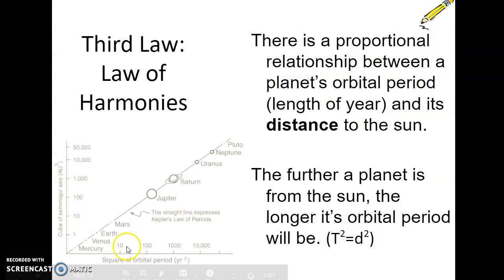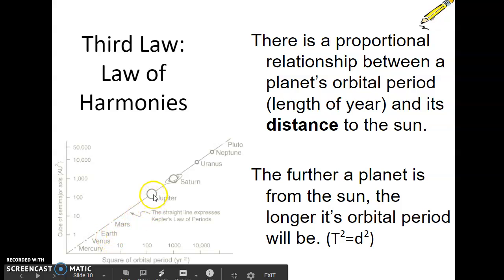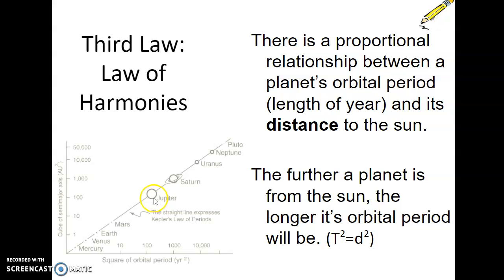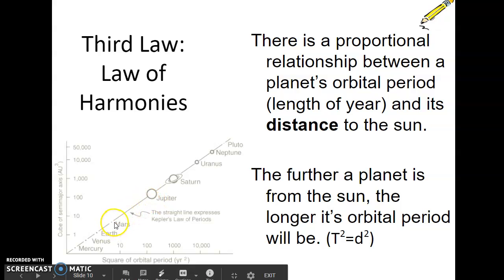For example, if we look at Mars and Jupiter on this graph, let's compare these two. Mars is much closer to the sun than Jupiter. And you'll see that the further away you go, the longer the orbital period is if you look at the x-axis compared to the y-axis. Okay?